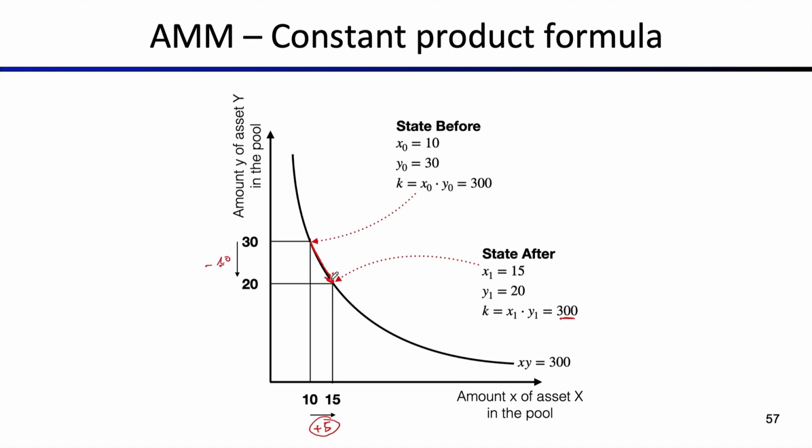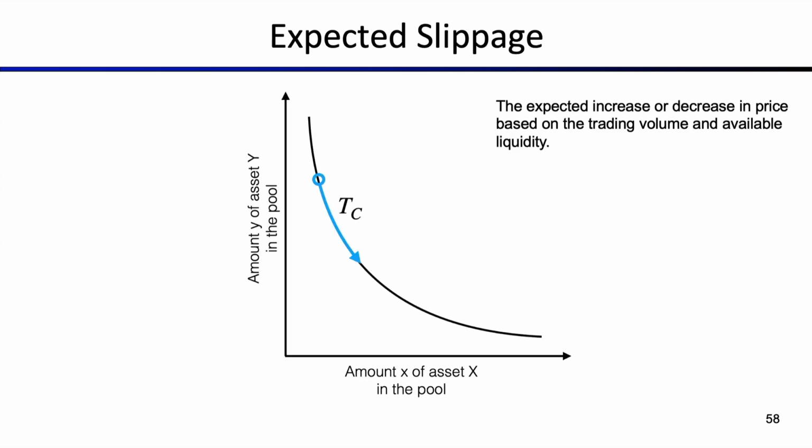So every coin that we get is not precisely the same price. Obviously there's an average price that we get, but the more we trade, the more expensive the trade becomes. So there's an expected increase or decrease in price based on the trade volume and available liquidity in particular.